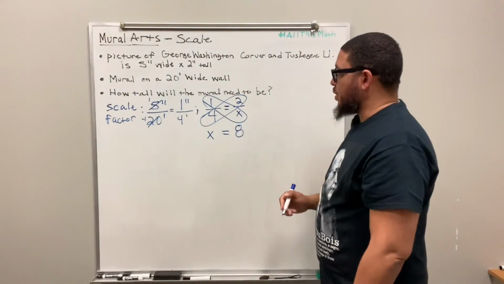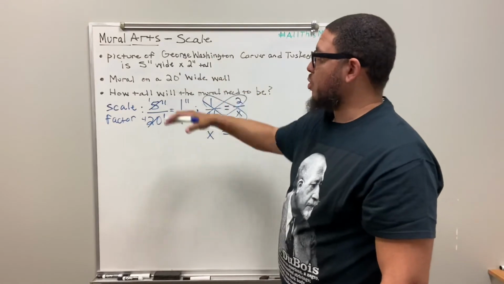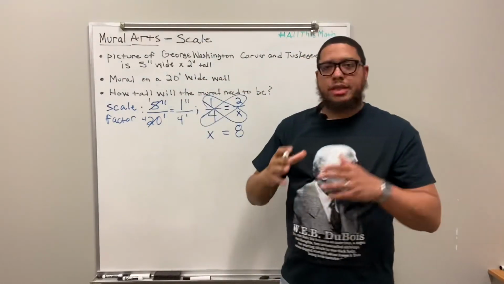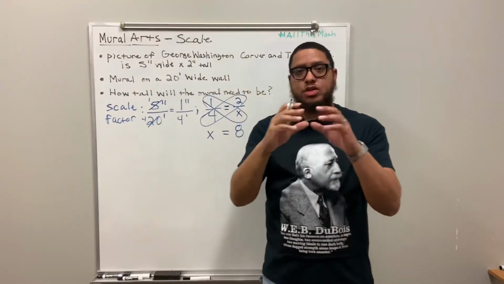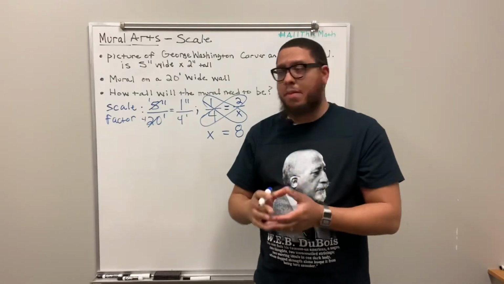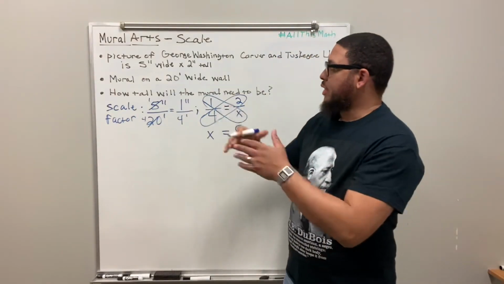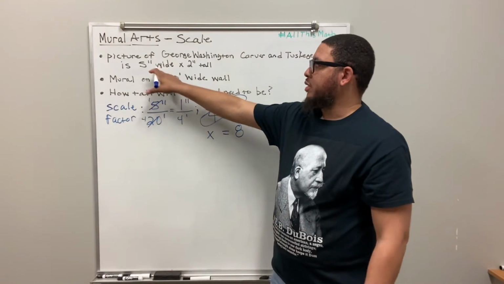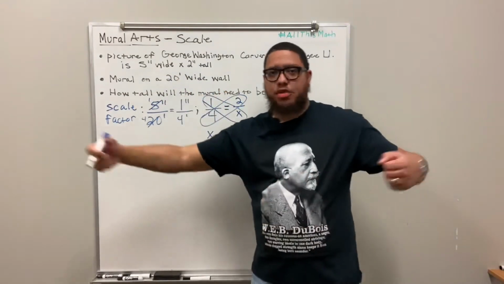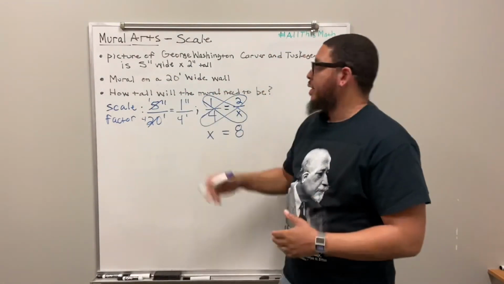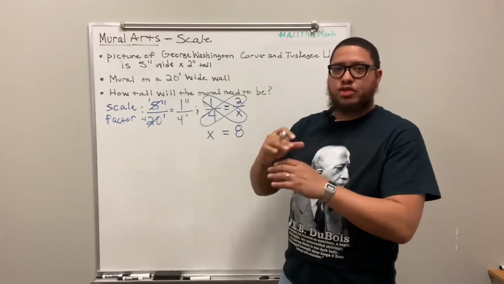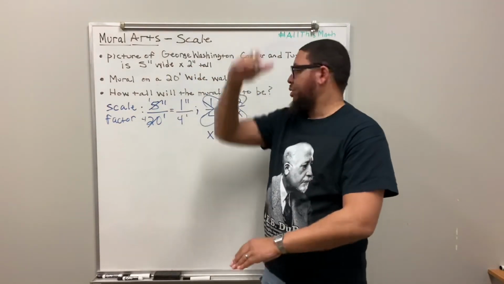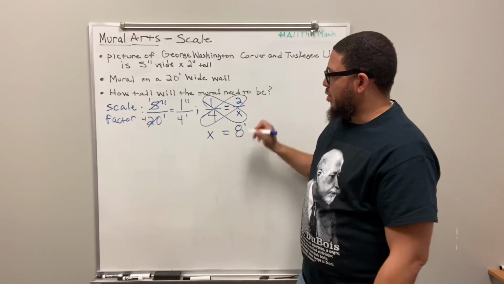Now what this tells me is that this mural, if it's going to be kept at the same scale as the original picture that was drawn on a piece of paper, then just as this 5-inch picture is stretched out to 20 feet wide on the wall, the 2 inches from the picture needs to be stretched up to 8 feet tall.